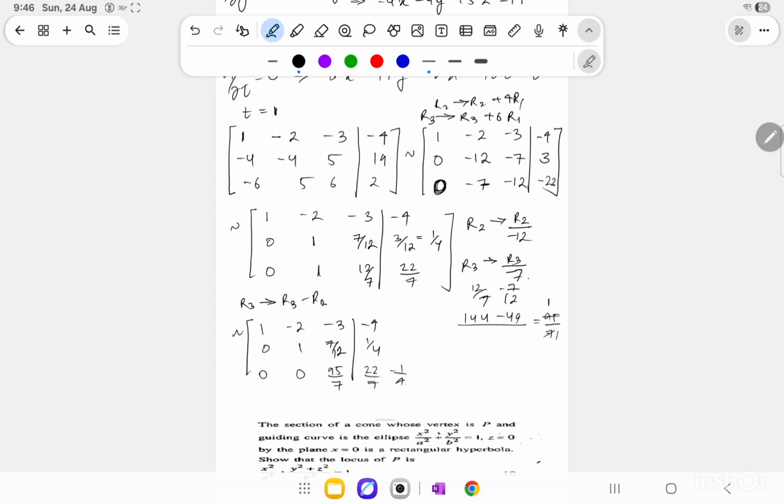So I'll get 22 into 4 minus 7, which is basically equals to 81 by 7 into 4.